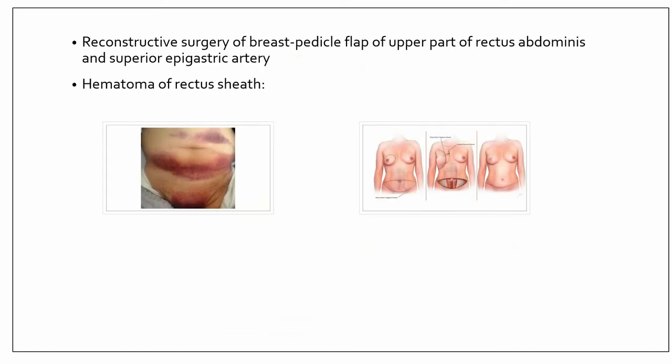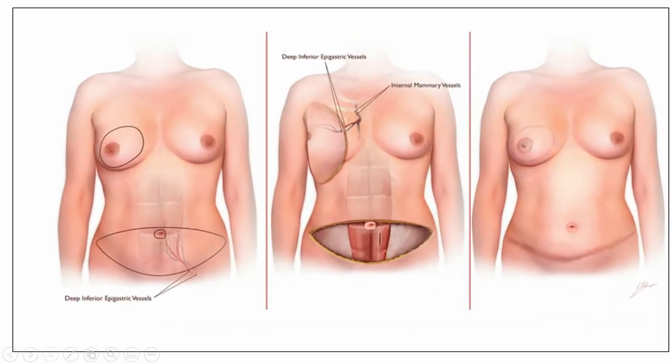And another important aspect is the usage of the rectus abdominis muscle for reconstructive surgery of the breast. As you've seen in this picture, the pedicle flap of the upper part of the rectus abdominis muscle, along with the artery, of course the superior epigastric artery, is taken and used.